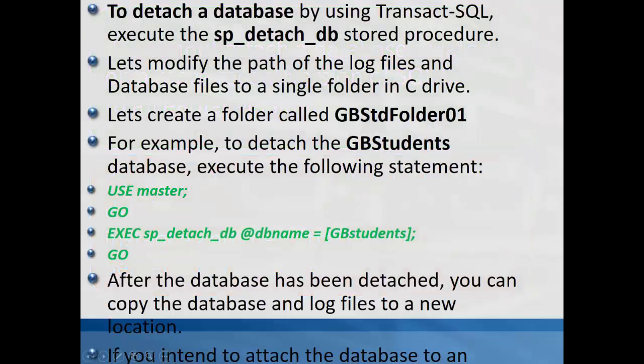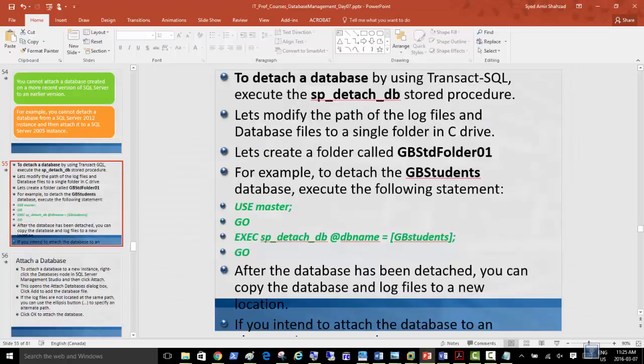So now this is the script that we need to use to detach a database and then attach it to another instance in our SQL Server, right? So I'm just copying this instance on that. What we need to do to detach a database by using Transact-SQL is execute the sp_detach_db stored procedure.